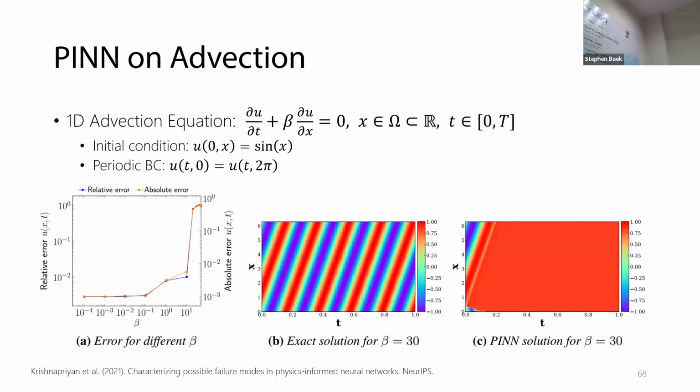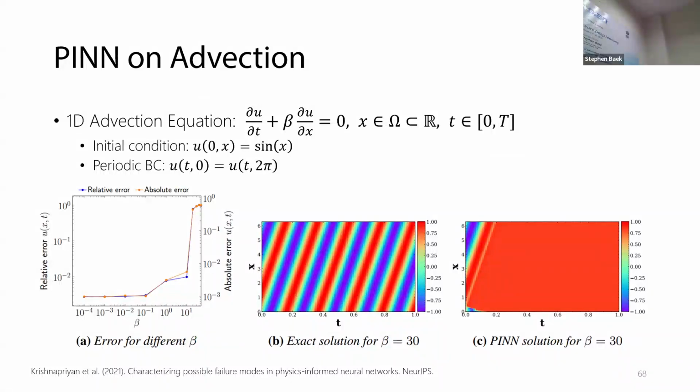So from this, we see that PINNs are actually not very good at preserving the boundary condition. And I just mentioned a few slides ago that in the Navier-Stokes example, they somehow sneakily did not report the cylindrical cross section in the paper. If you look at the error rate as a function of beta, you can see that with the growth of beta, the error jumps up quite dramatically.